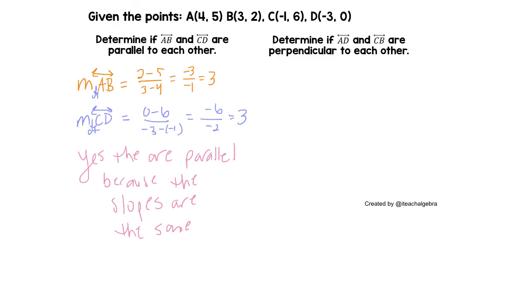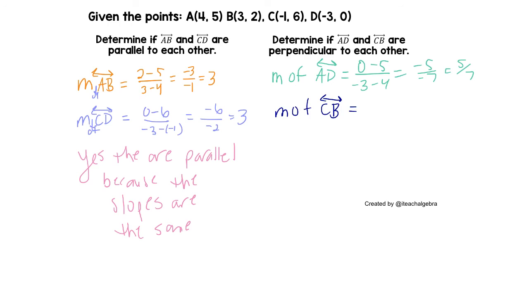Now we want to know if AD and CB are perpendicular to each other. We need the slope of AD, and that is 0 minus 5 over negative 3 minus 4. That's negative 5 over negative 7, which is positive 5/7. Slope of CB is going to be 6 minus 2 over negative 1 minus 3.